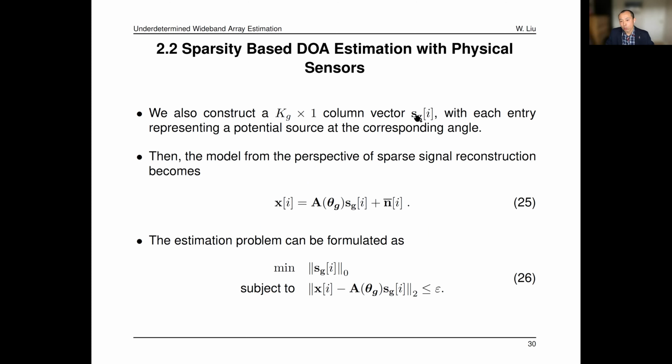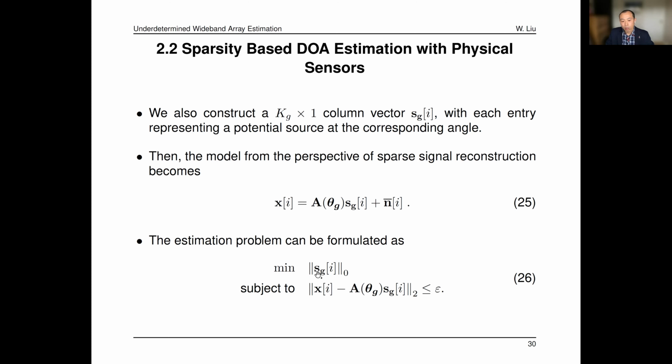Certainly, although it's 1,000, maybe you have 5 signals coming, then only 5 entries of this s_g will be non-zero. Ideally, if you can find the real locations, then only 5 of them will be non-zero. But now we don't know. So this is the model.